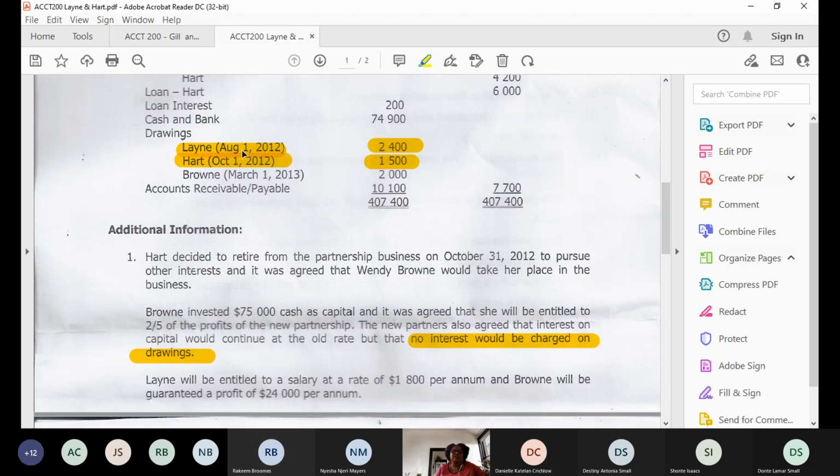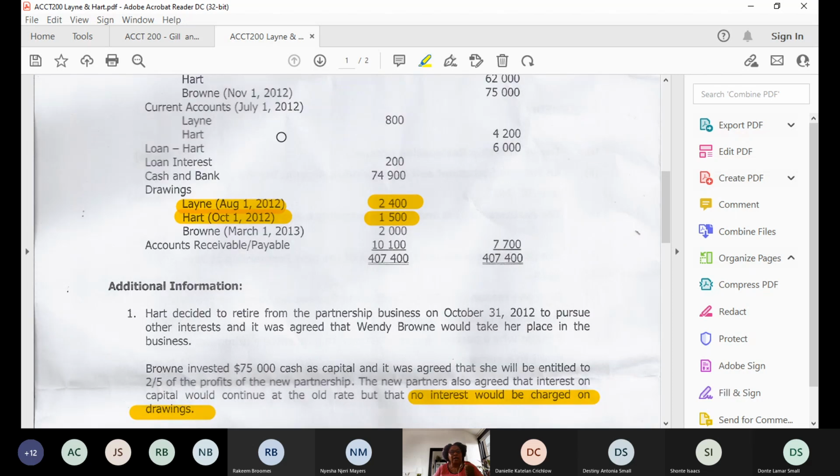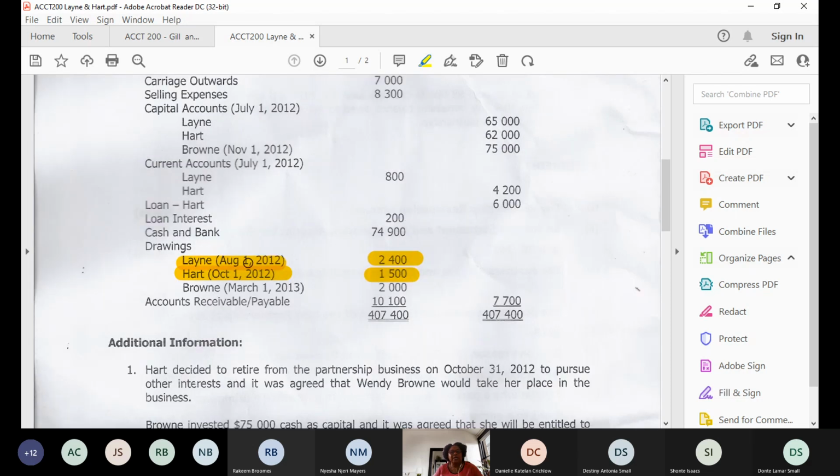That interest on drawings is based on when they took the drawings. Layne did not take the drawings at the beginning of July. She took it on August 1st. And remember, the old agreement ends October 31st.